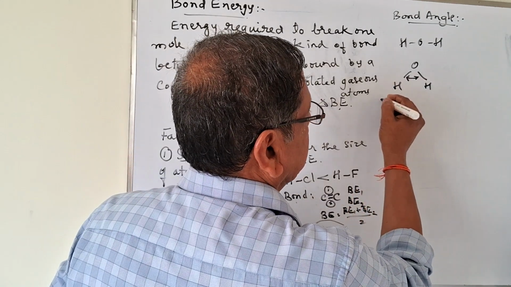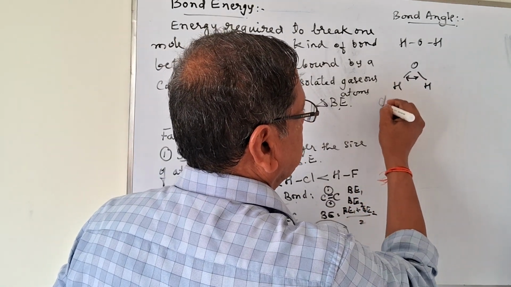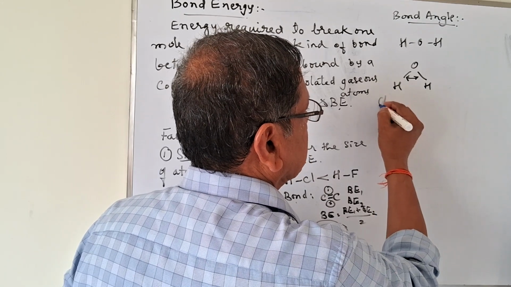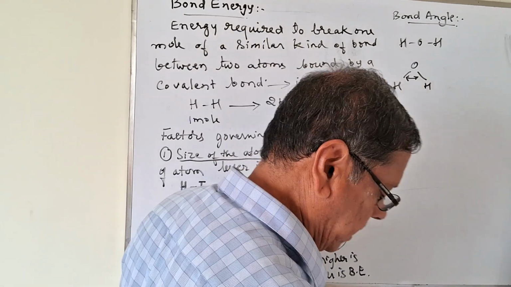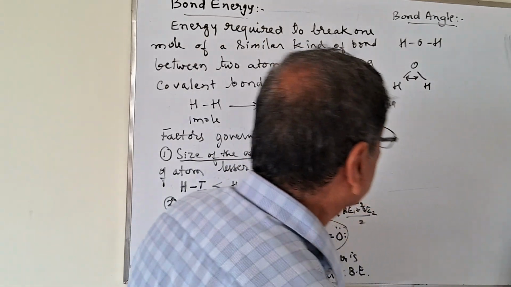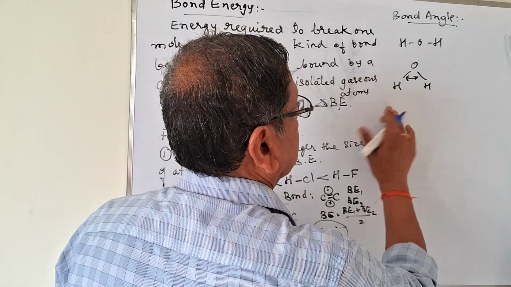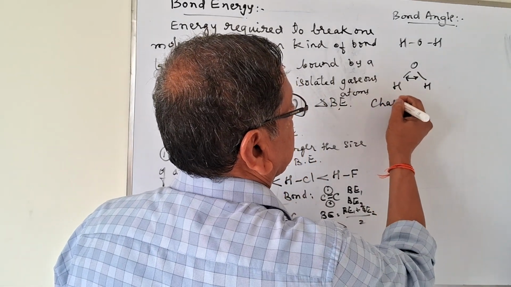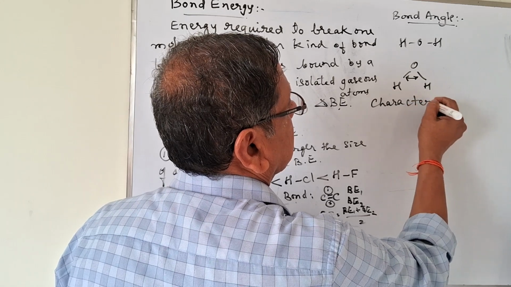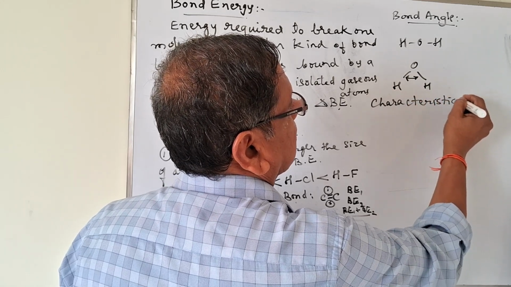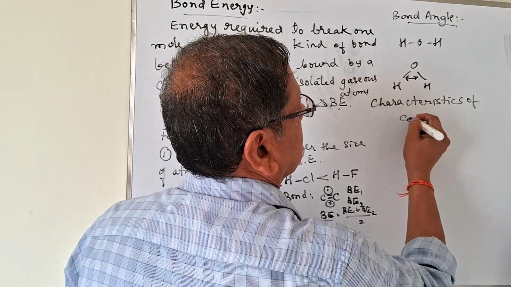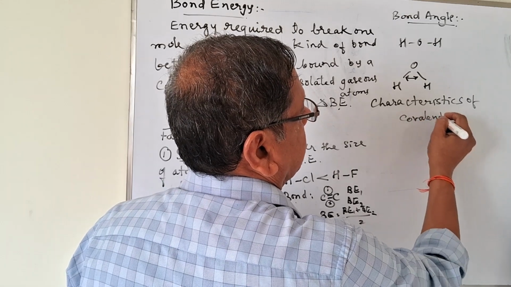The next one is characteristics of covalent compounds.